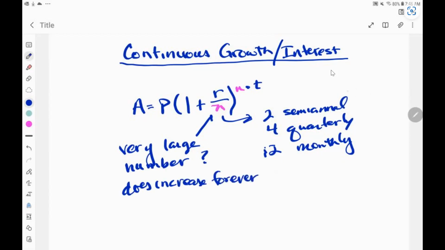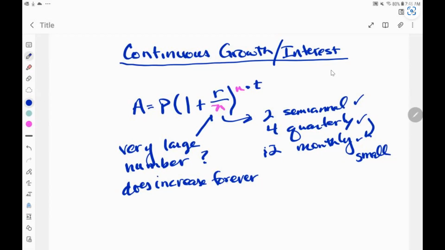Yesterday we saw that it increased when it went from annual to semi-annual and from quarterly and then to monthly. But the difference between quarterly and monthly was kind of small, right? Where the difference between the other ones was really noticeable. And so does it increase forever?